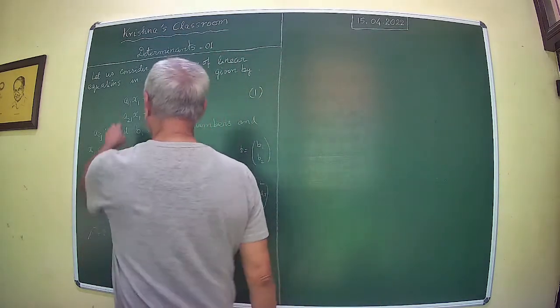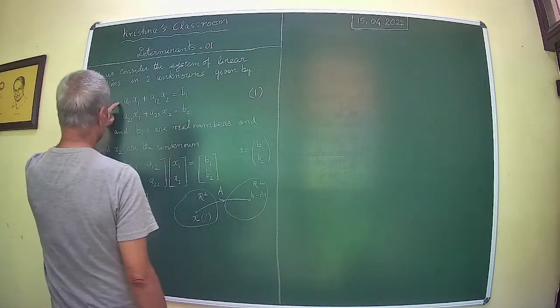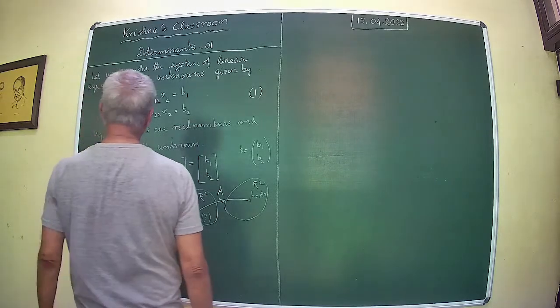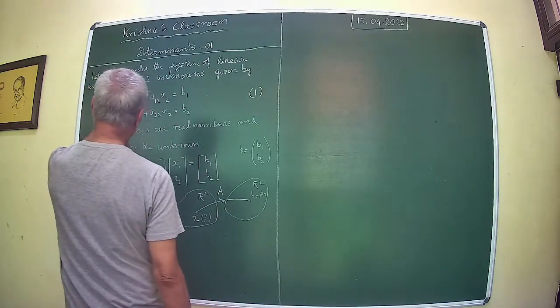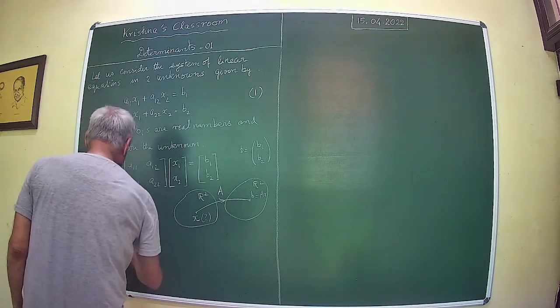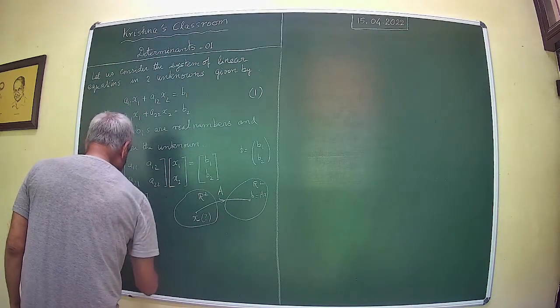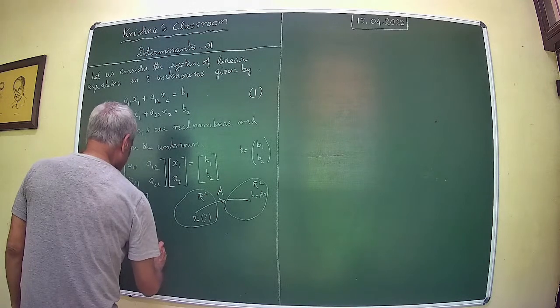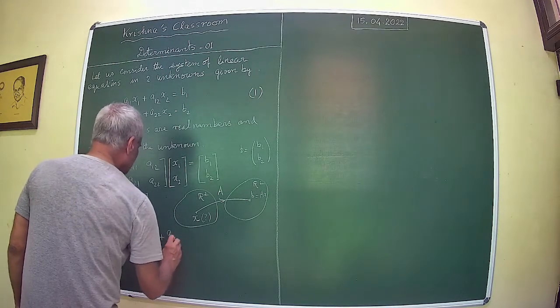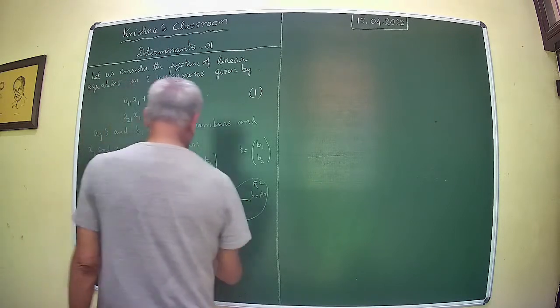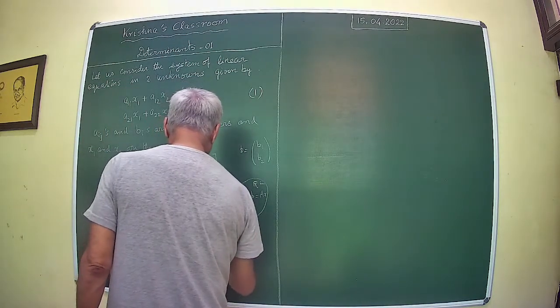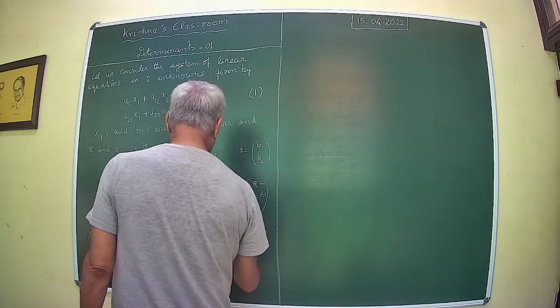Now you multiply the first equation by A22, so A22 A11 x1 plus A22 A12 x2 equal to A22 b1.